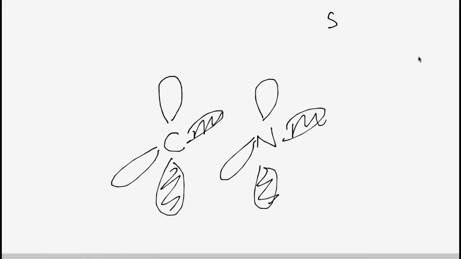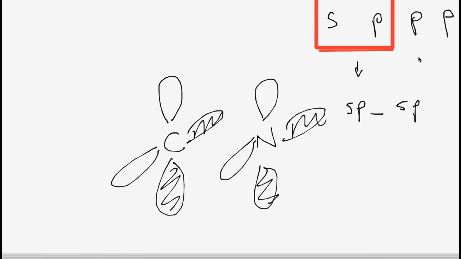So that means the only possible hybridization is going to be sp, because when I hybridize my s and p, I'll end up with two sp orbitals and two leftover unhybridized p orbitals right there. One on each atom.